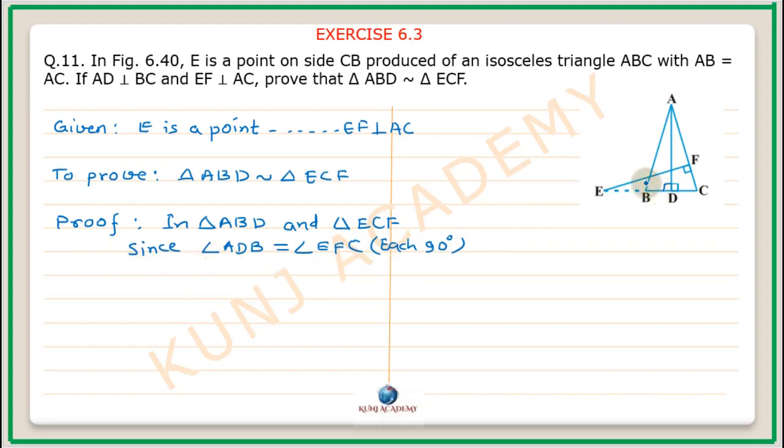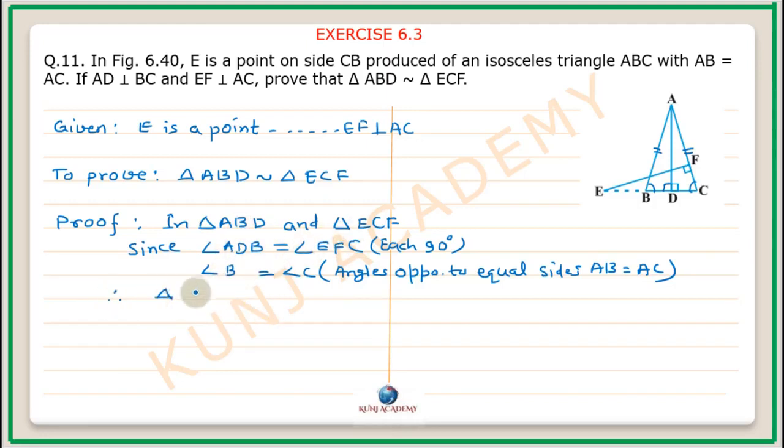And angle B of the first triangle ABD is equal to angle C of the second triangle, because they are angles opposite to equal sides. Angle B is equal to angle C. Therefore, these two triangles are similar by AA similarity criteria. Proved.